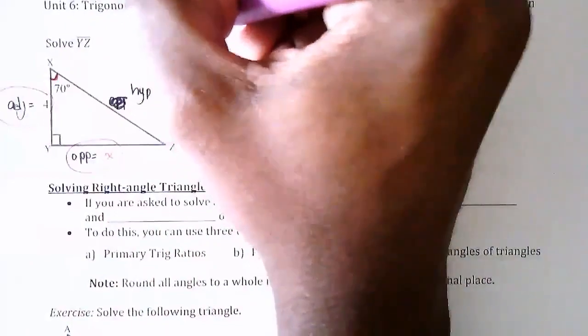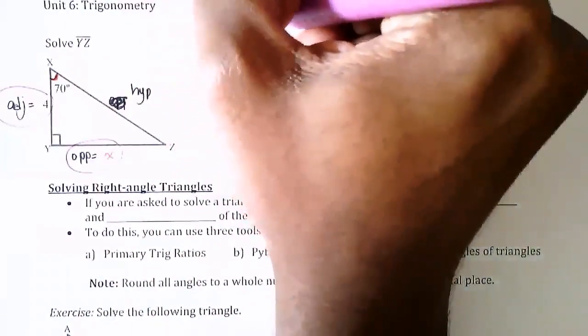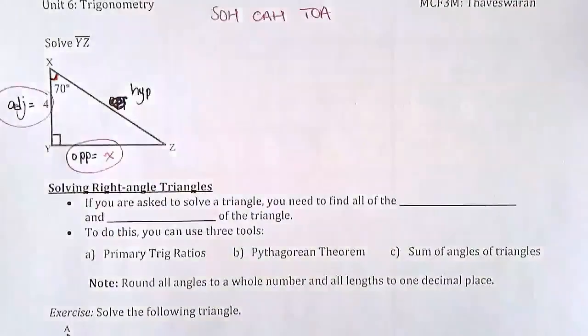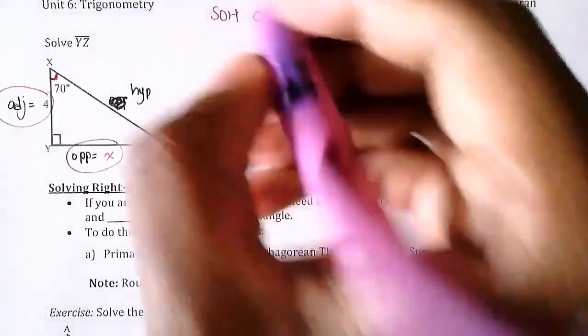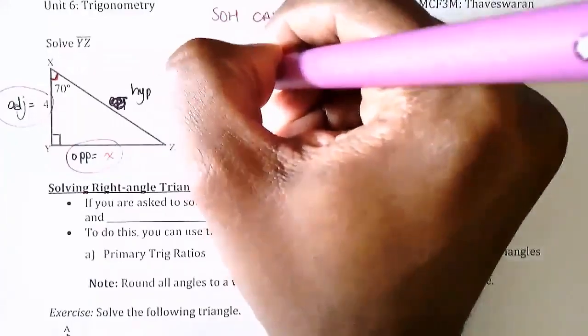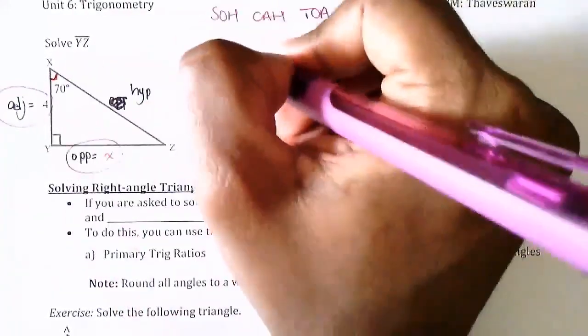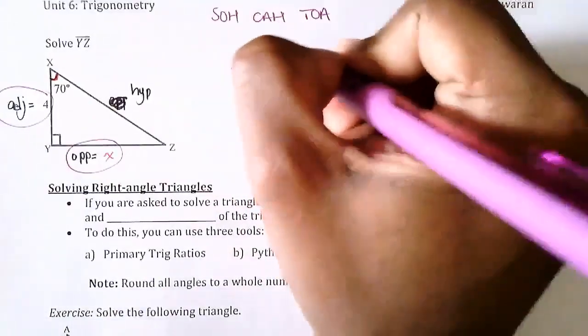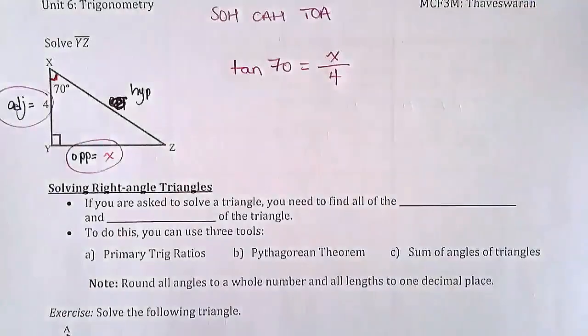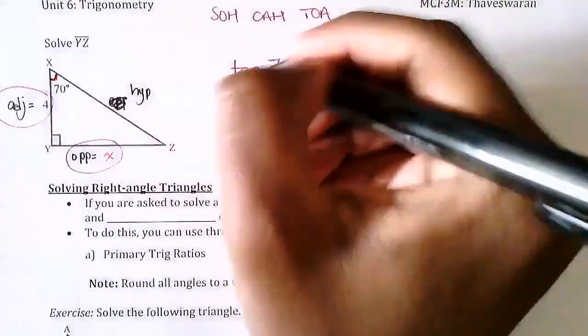So again, taking a look at SOHCAHTOA, here I have opposite and adjacent, which is tangent. So the tangent at 70 degrees, which is our angle of interest, is equal to opposite, which is x, over adjacent, which is 4. Again, to solve for this, I'm going to create two fractions so I can cross multiply them.